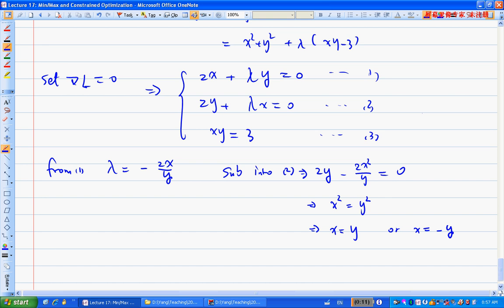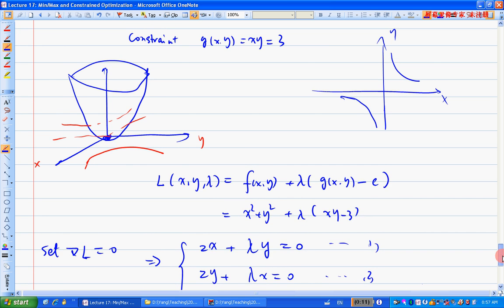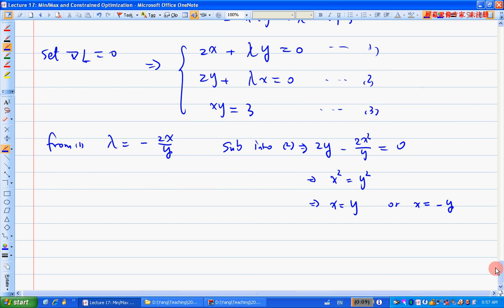So which one is appropriate? You look at your constraint, which is xy equal to 3. Which one would you pick? The negative one is not possible, so only x equal to y is possible.